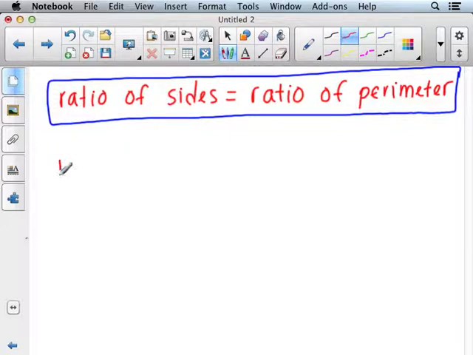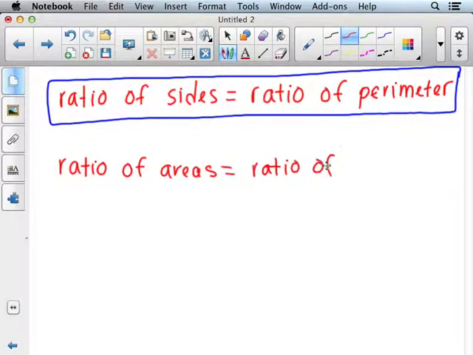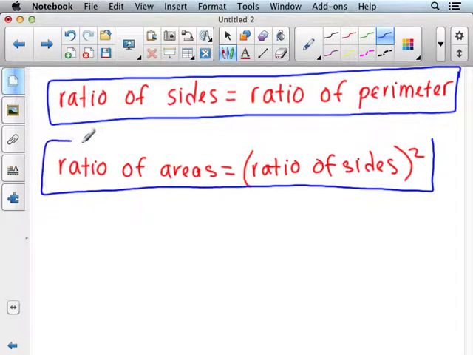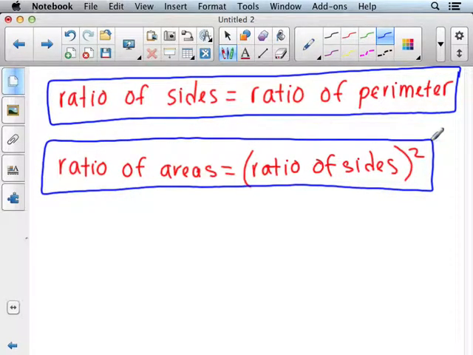So ratio of areas equals ratio of sides squared. So this is your other big conclusion from your activity.